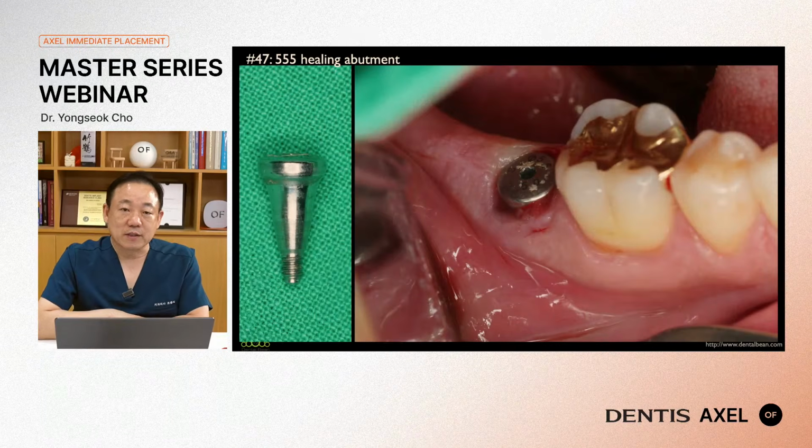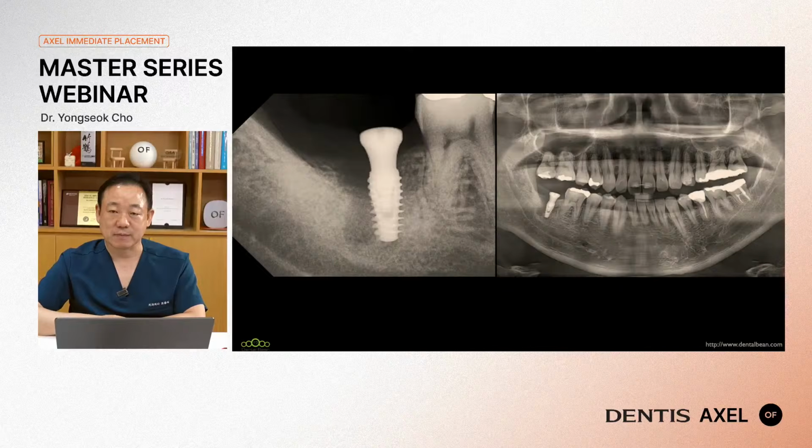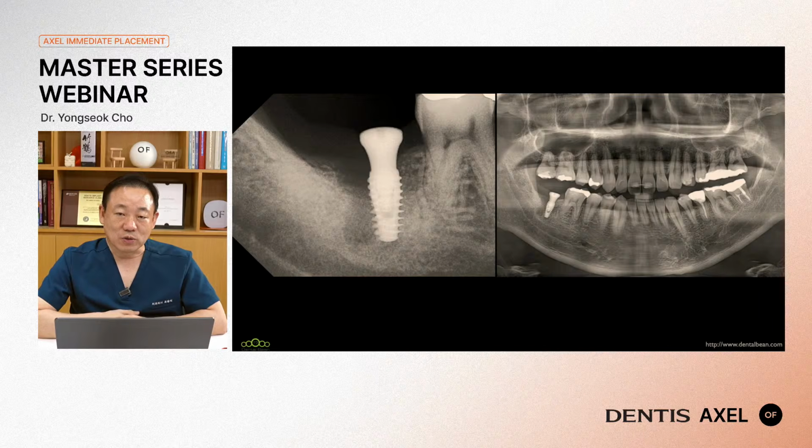And I connected the 5 by 5 healing abutment and took radiographic images like this. Here are the panoramic view and periapical radiographic image. Although the position looks not bad, look at the distal side.